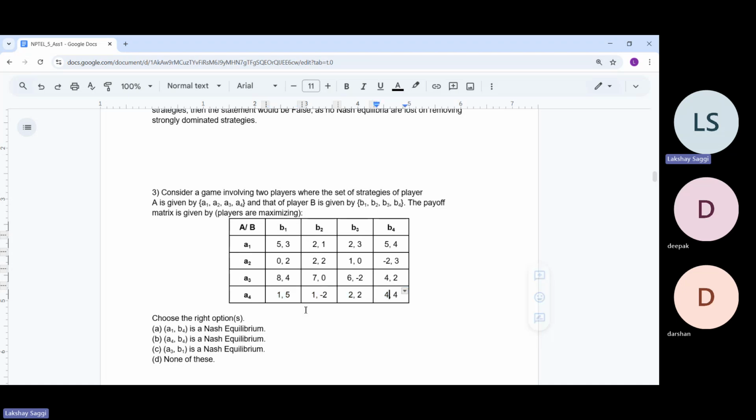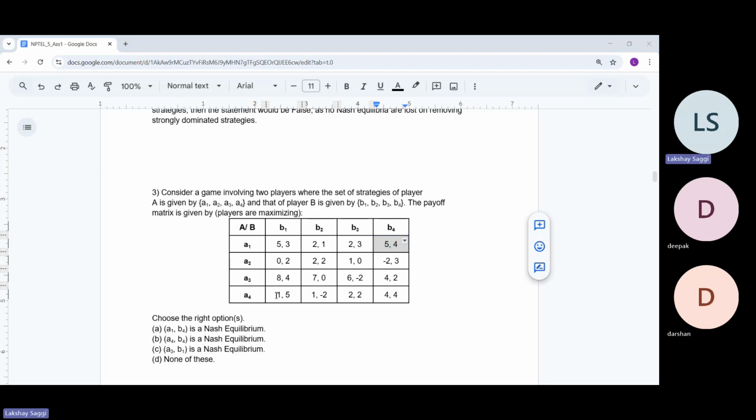If the row player switches from A4 to A1, the row player now arrives at this kind of strategy profile. Let's suppose the column player is fixed, still playing B4. If the row player had played A4, we had arrived at the A4 comma B4 strategy profile, and the payoff looked like this. But if the row player switches from A4 to A1 and the column player is still playing B4, then we get A1 comma B4 as a strategy profile, which corresponds to this cell.